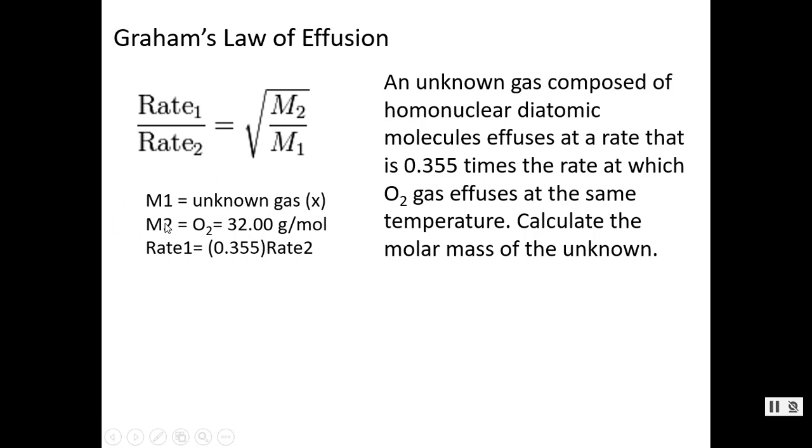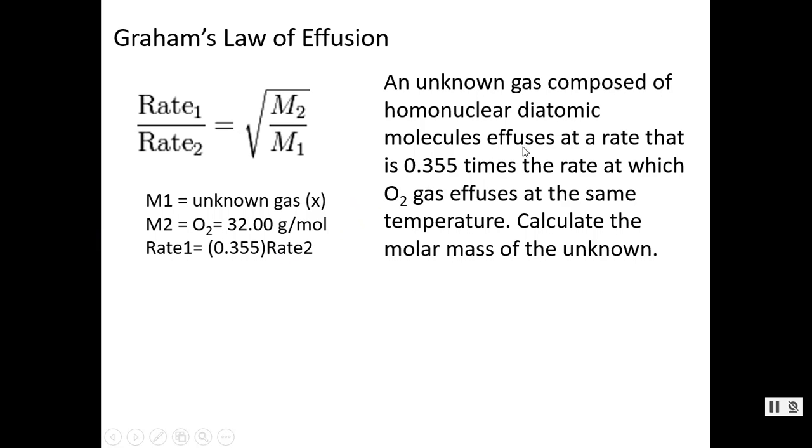We know its molar mass from the periodic table, 32 grams per mole. I don't know specific values for either rate, but I do know that the rate of the unknown gas, R1, is 0.355 times greater than the rate of oxygen.